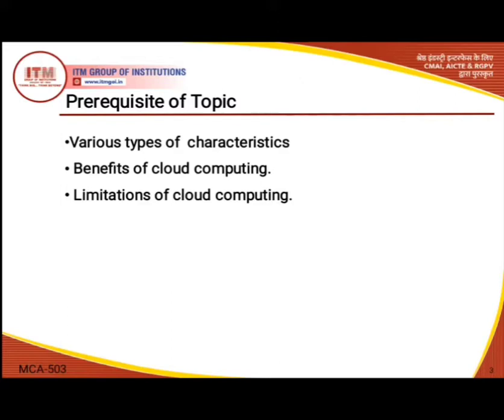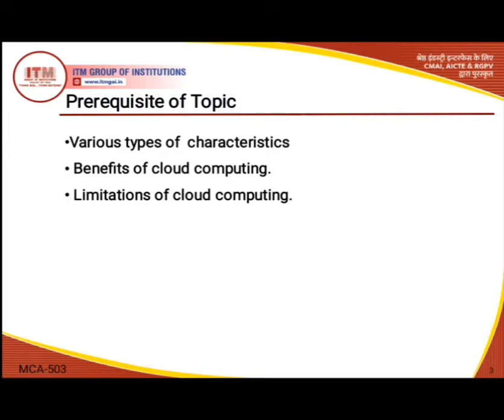You should also have knowledge about the measured service, where the cloud system automatically controls and optimizes resources by leveraging a metering capability at some level of abstraction appropriate to the type of service. The whole sense of discussing this content is to show how resource usage can be monitored, controlled, and reported, providing transparency for both the provider and consumer of the utilized service.